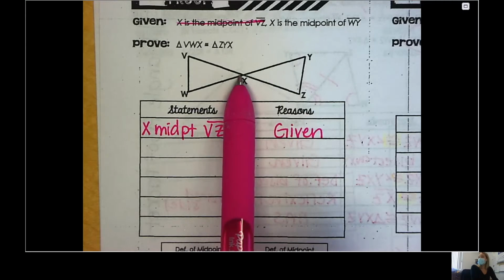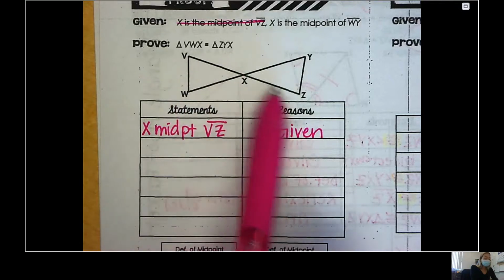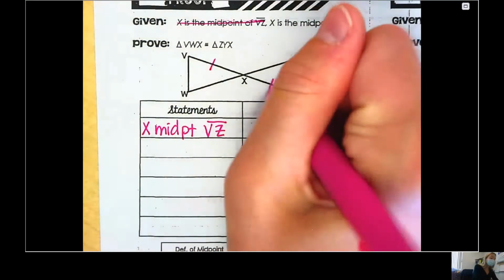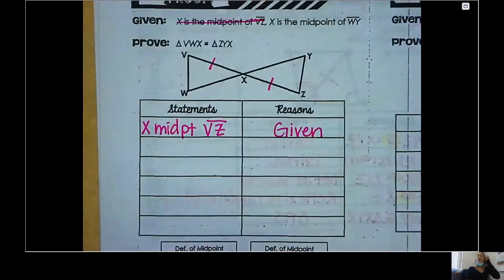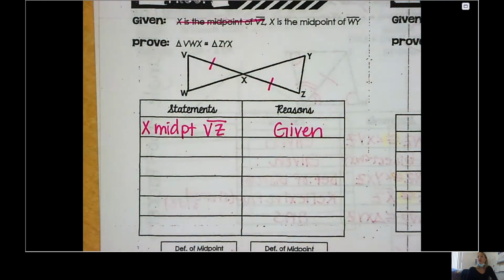Where is it located if it's the midpoint? Middle. The middle. So if X is in the middle of VZ, this whole big line, what does that mean about these two pieces? They are equal to each other. Good. So I'm going to put a tick mark here on both sides because they're equal to each other. The whole thing VZ, those two small pieces are equal to each other.